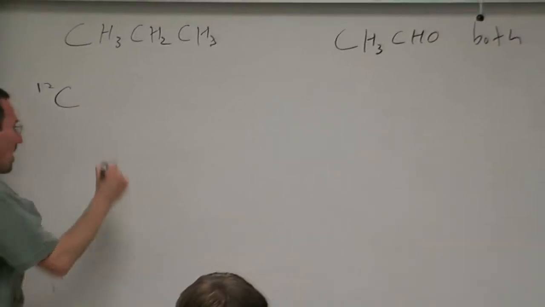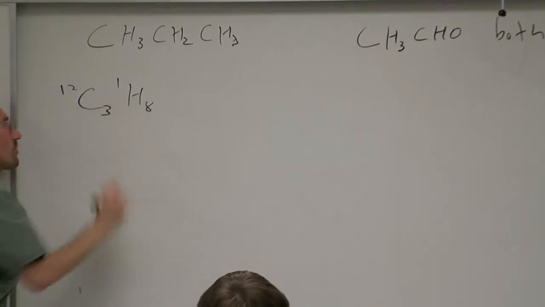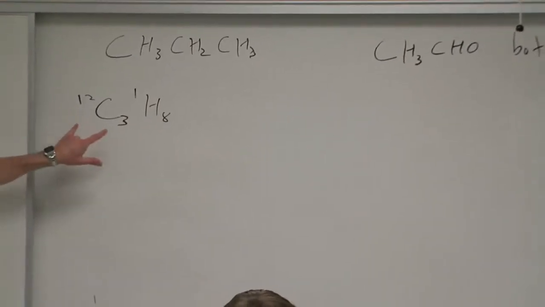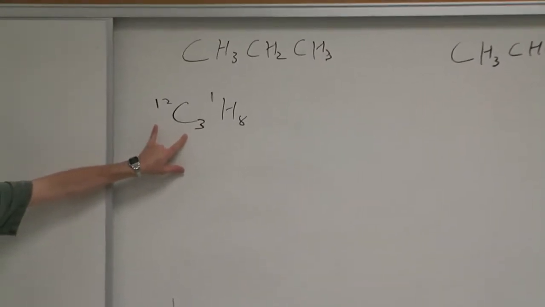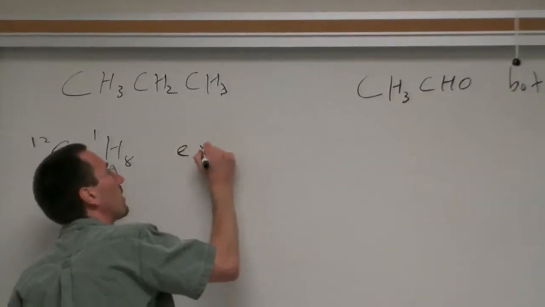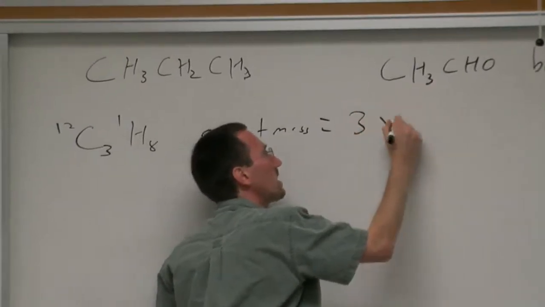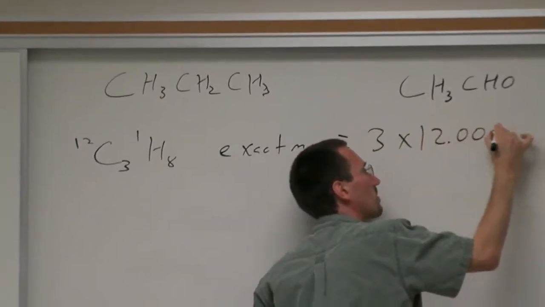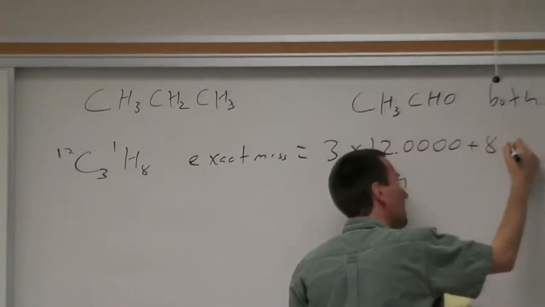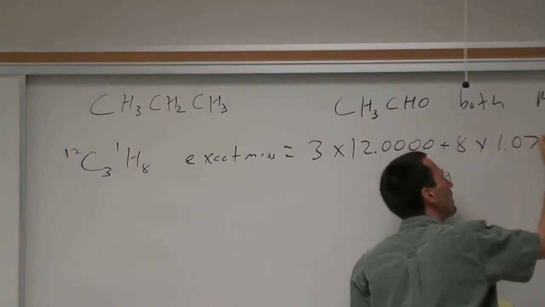If I have C12-3 and H1-8, in other words, the predominant isotopomer of propane, then we will see that its exact mass is equal to 3 times 12.0000, as many zeros as I choose to write, plus 8 times 1.00783.